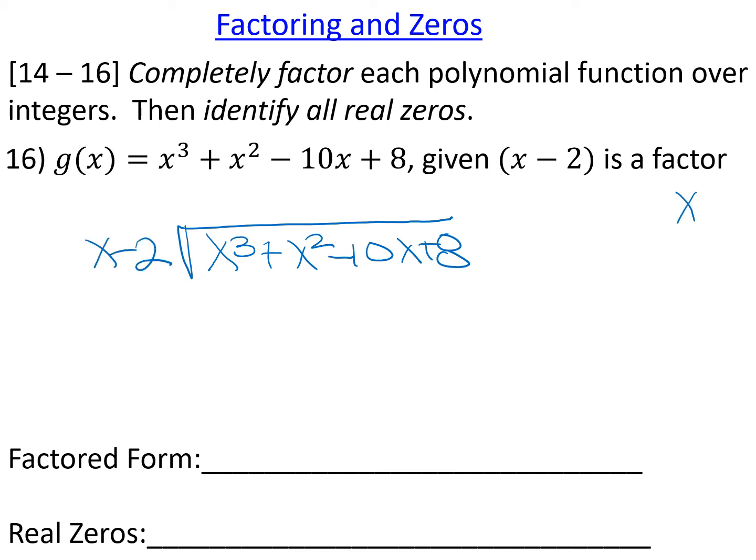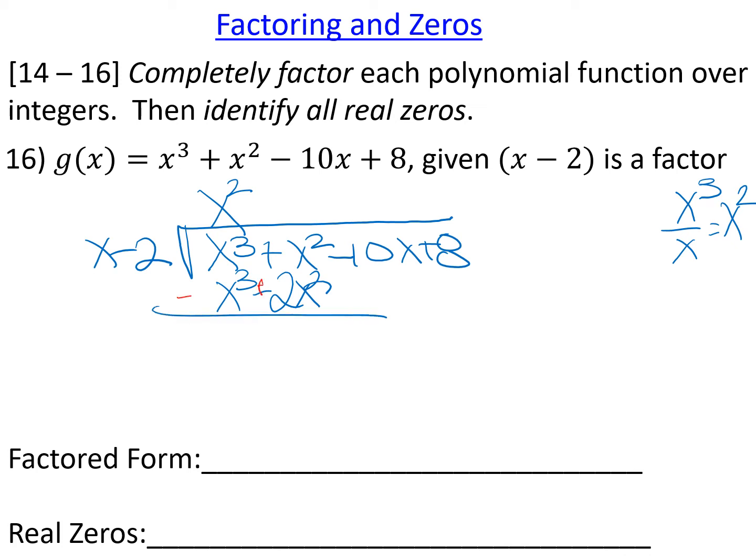And then I'm going to do x cubed divided by x to get the first one, which is x squared. X squared times x is x cubed. X squared times -2 is -2x squared. And then we're going to subtract, but I wanted to make sure I distribute the subtraction. So when I do that, I end up with a 3x squared, and bring down the -10.